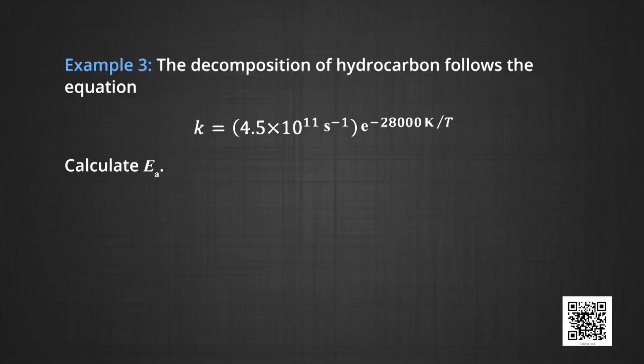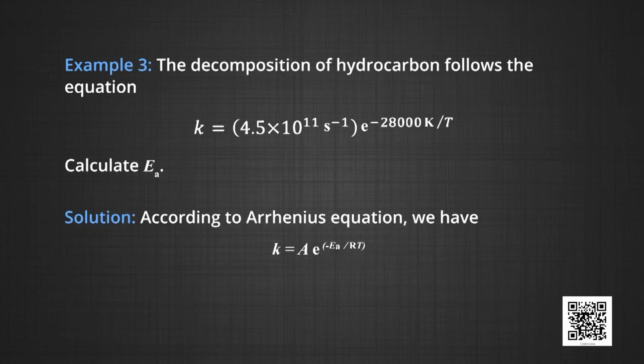Another example, the decomposition of the hydrocarbon follows the equation K is equals to 4.5 into 10 raised to power 11 per second, E, that is exponent, minus 28000 K by T. Calculate activation energy. Now according to the Arrhenius equation, we have the expression K is equals to A exponent minus EA by RT.